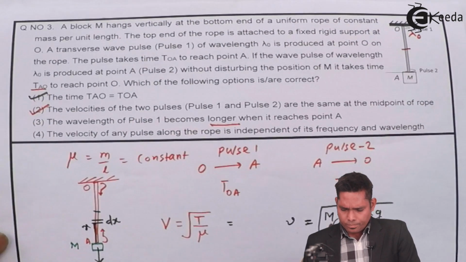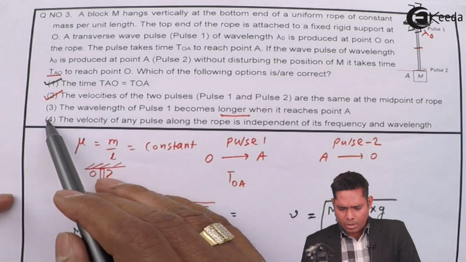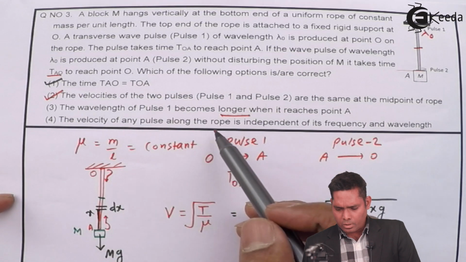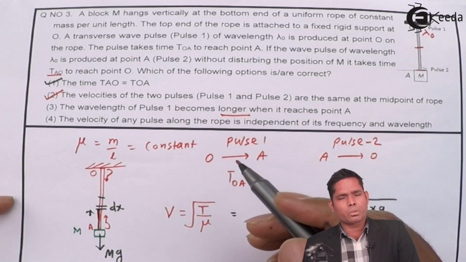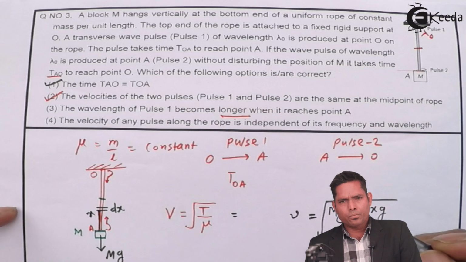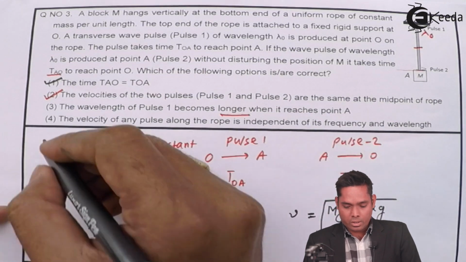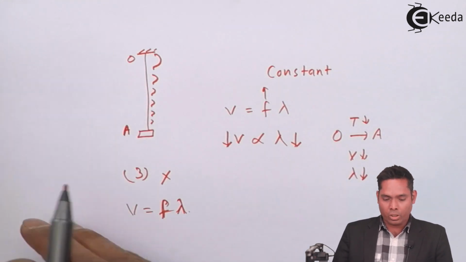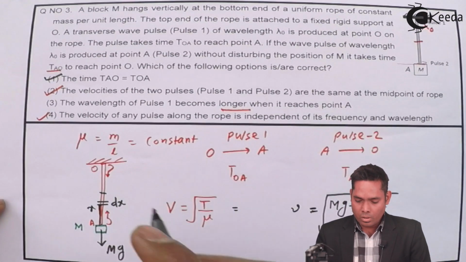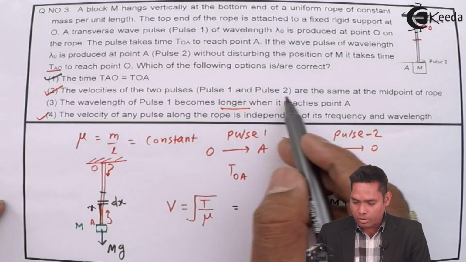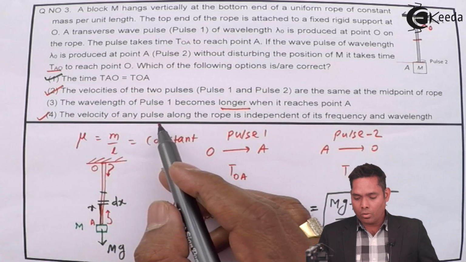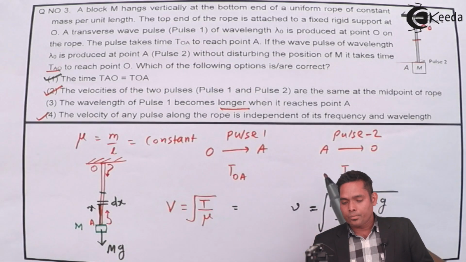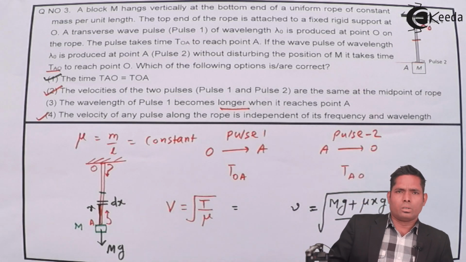Now if you see option number 4, the velocity of any pulse along the rope is independent of its frequency and wavelength. That is also correct. So there are 3 correct answers to this question: the time, the velocity at the midpoint, and the velocity of any pulse along the length being independent of its frequency and wavelength, because that depends on the tension.